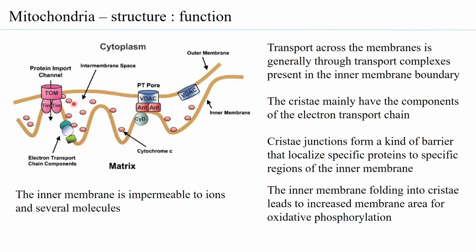It is only cytochrome C that is not associated with the membrane. It is present in the intermembrane space, and cytochrome C also is a part of the electron transport system. So you can see that transport across the membranes is generally through transport complexes present in the inner membrane boundary.